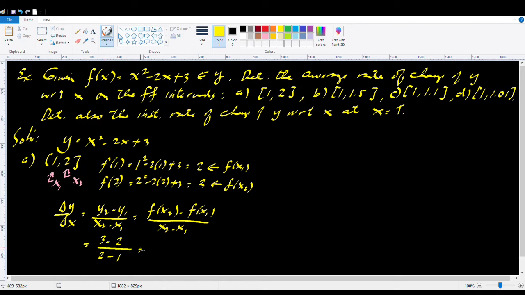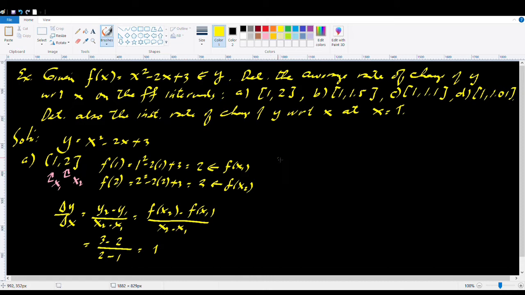That will give us 1. So, over the interval 1, 2, y changes at the rate of 1 unit with respect to x. With every 1 unit change in x, your y will change on the average 1 unit over the interval 1, 2.